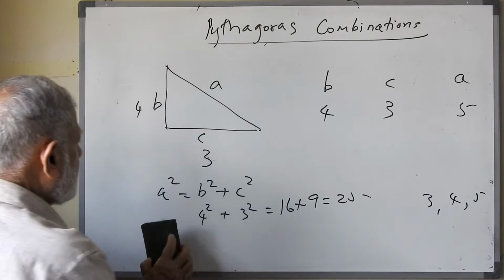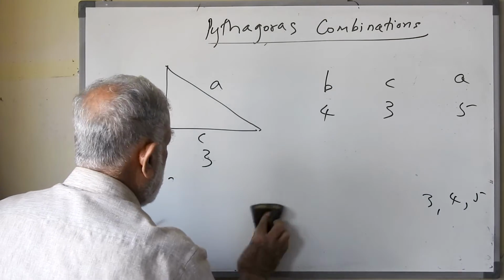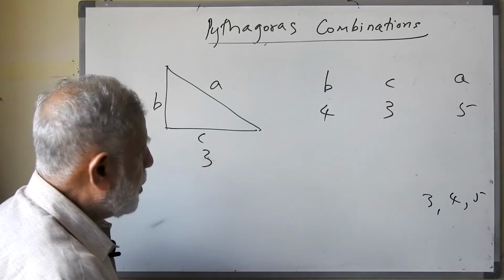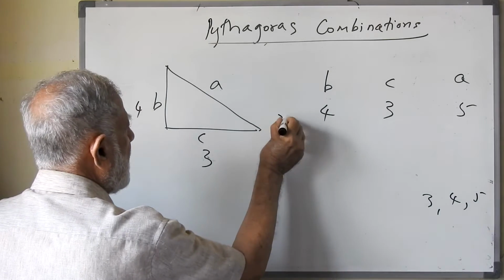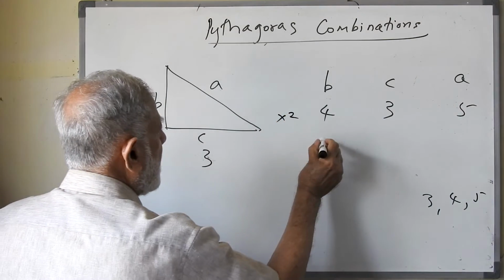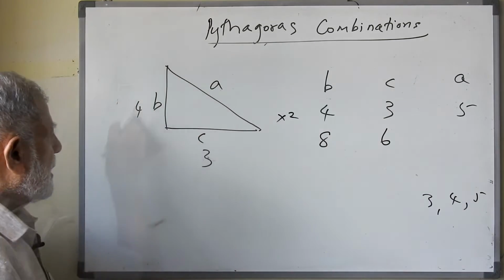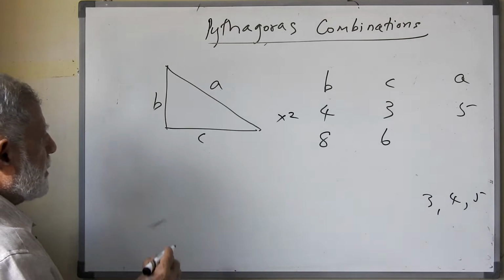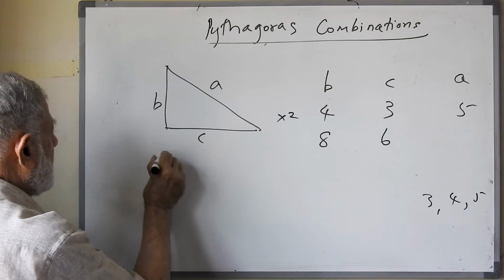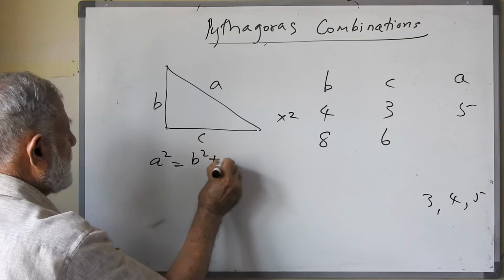Now, supposing we multiply this by 2, then you are getting 8 and 6. We'll see what happens. A squared is equal to B squared plus C squared.